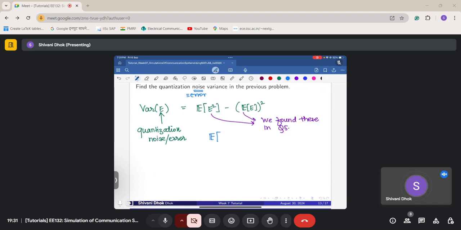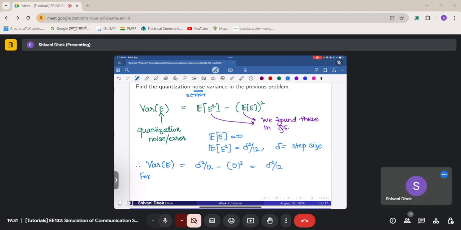Expectation of E we had obtained as 0, and the second moment, expectation of E square, we had obtained as delta square by 12, where delta is the step size. Therefore variance of E comes out to be delta square by 12 minus 0 square, which is equal to delta square by 12.